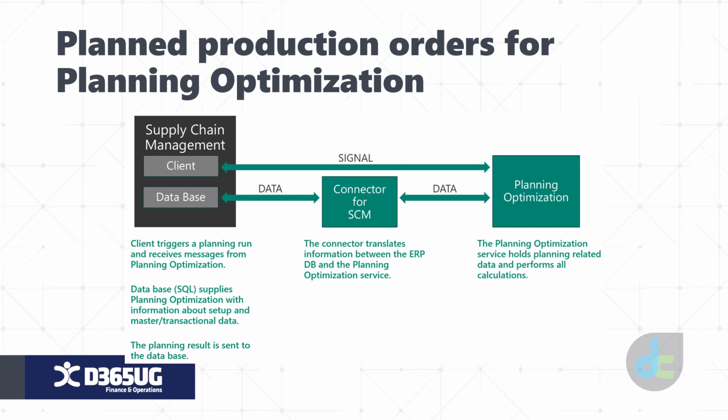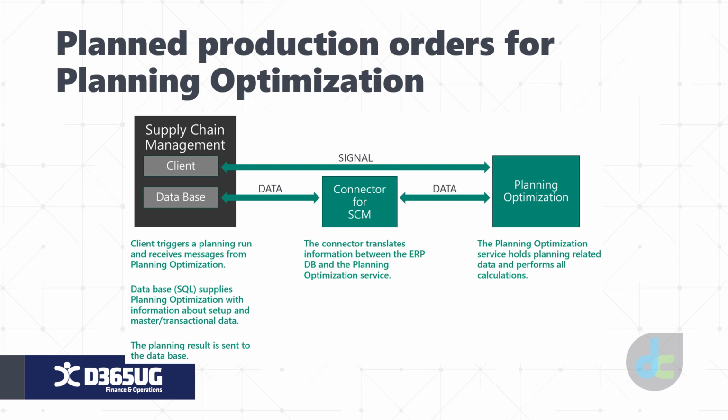But Microsoft has tons of documentation on this. I've included a link in the slide, which will be shared after this. At a high level, when you kick off an MRP run, a bunch of data goes from your F&O database to the connector for supply chain management, which goes into the planning optimization engine hosted in Azure, which processes everything in memory, so it can happen on the order of thousands of times faster per operation than it has historically.